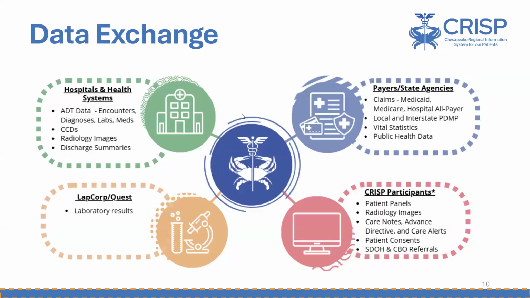And CRISP participants are also giving us data, so they're providing us with their patient panel. They might be sending in things like care notes, advanced directives, care alerts, social determinants of health screening. They might be sending referrals, patient consents. All of that is taken in and can sit in one single patient CRISP record.